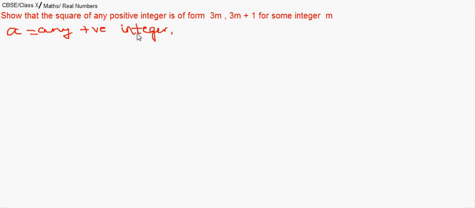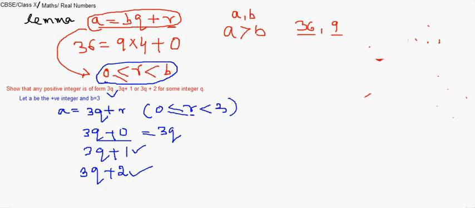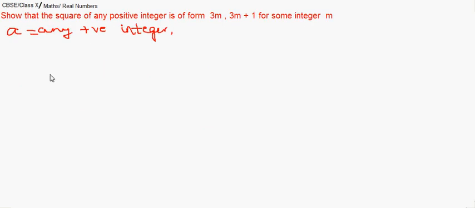If you recall, we just did it on the first screen: any positive integer is of the format 3q, or 3q plus 1, or 3q plus 2. I'll write the same thing there. It is in the format of 3q or 3q plus 1 or 3q plus 2.